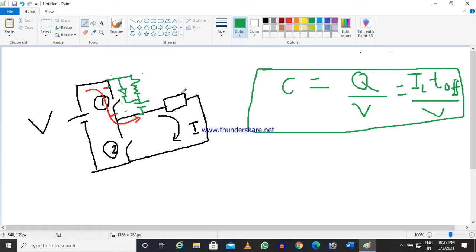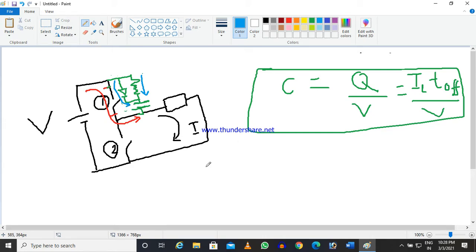Now you see, during switching, when the switch is off, there are two paths to charge the capacitor: one is this path, another is this path.